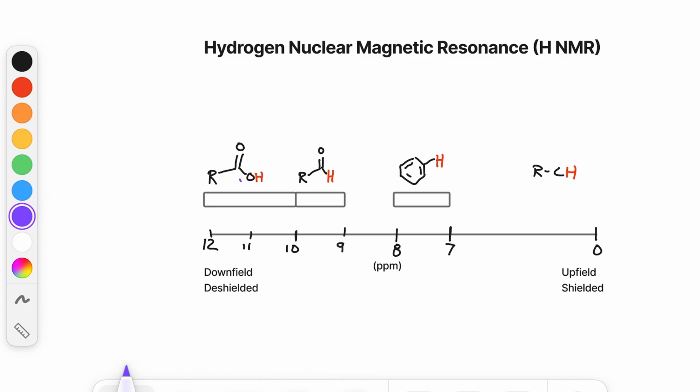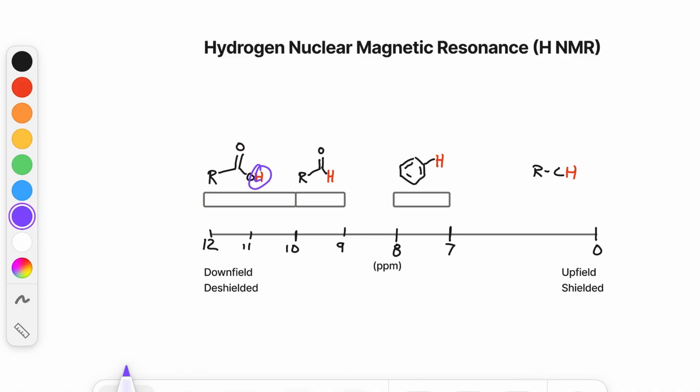The other reason is these electron withdrawing groups. These oxygens are very electronegative, so they're going to be withdrawing the electrons away from the hydrogen, so that hydrogen is very de-shielded. So that's what we mean between shielding and de-shielding.